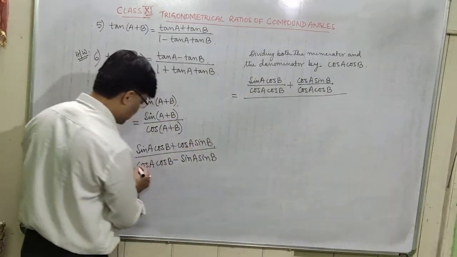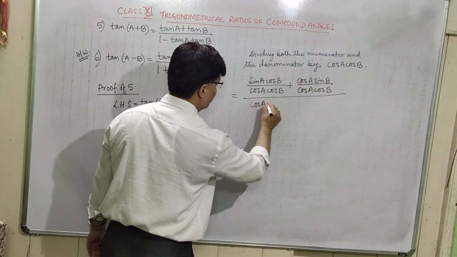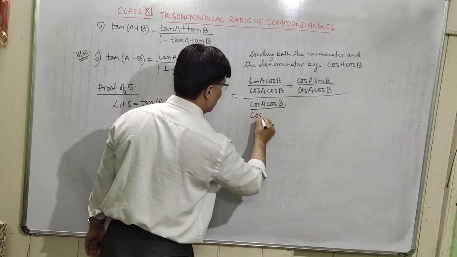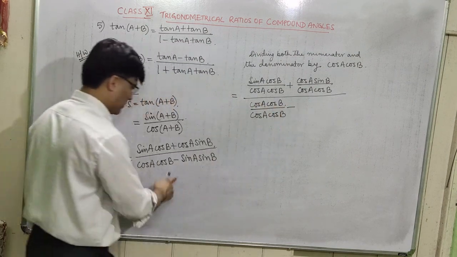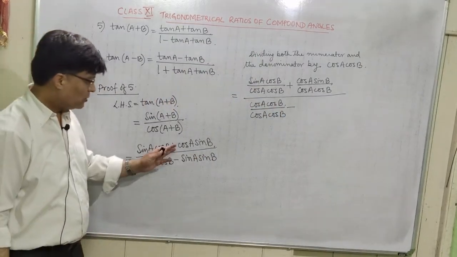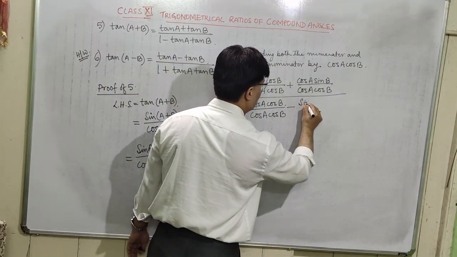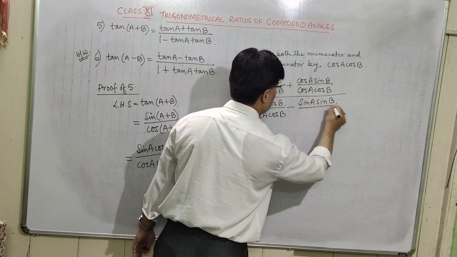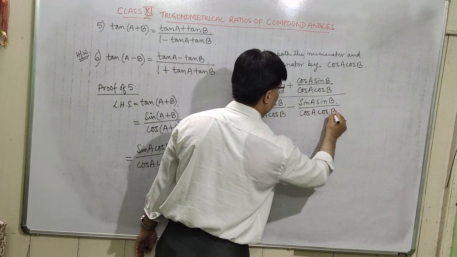That is, cos A cos B divided by cos A cos B, then minus sign, sin A sin B divided by cos A cos B.